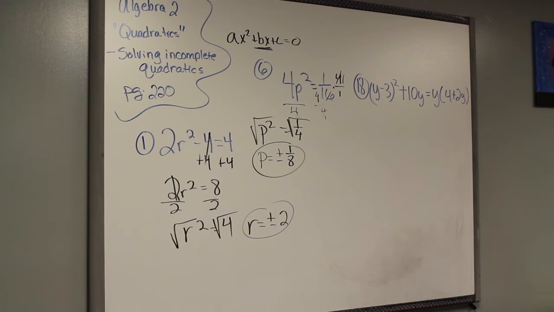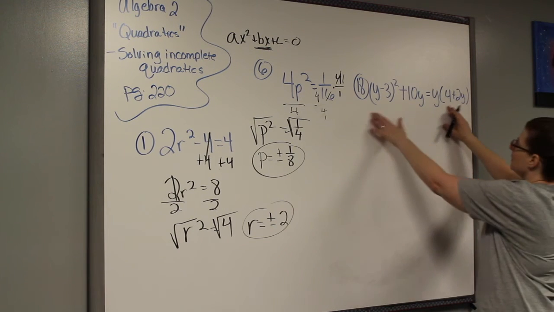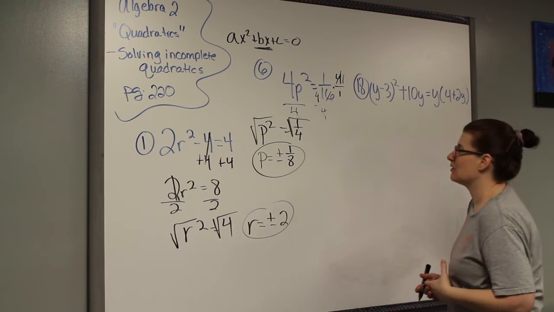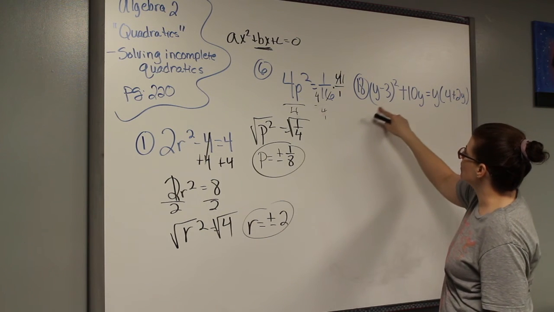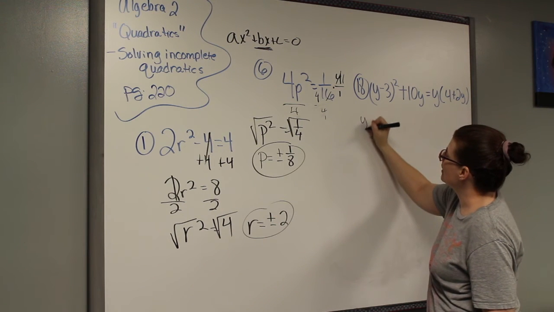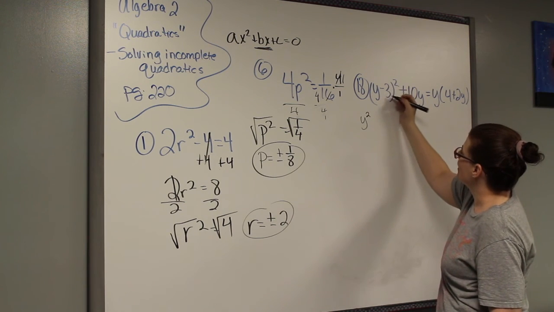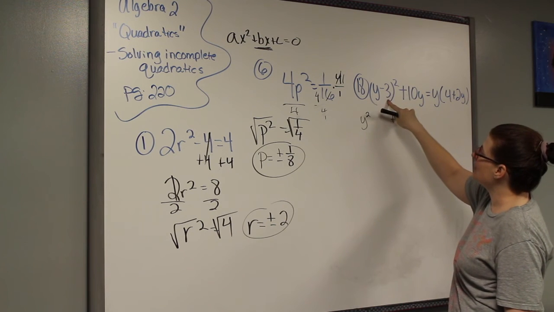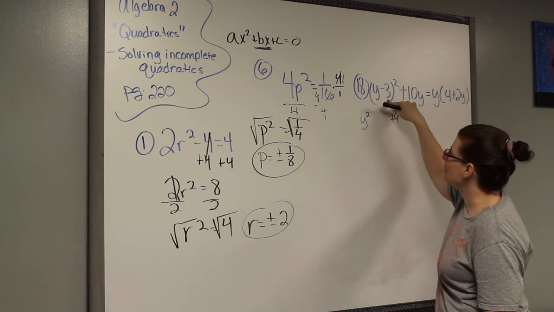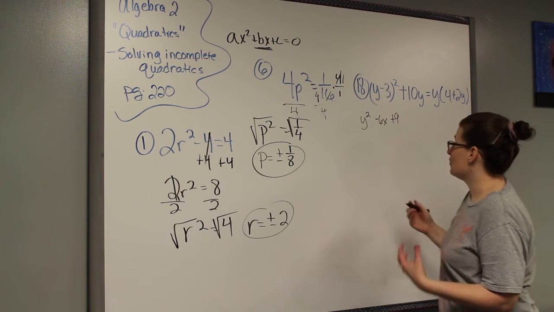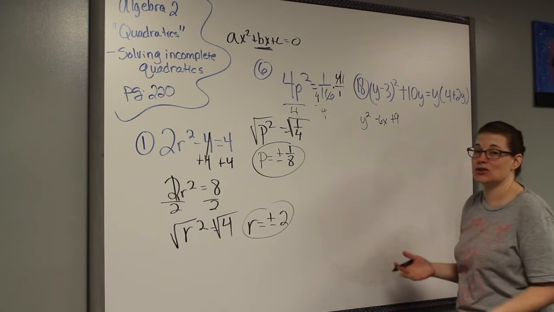Alright, on 18, this one has a couple different multiplications that we need to do first. They just throw in pretty much everything that you've already learned. So again, this is one of those perfect square trinomials, so I know it's going to be y squared. The last term will be 9 because 3 squared is that, and in the middle is going to be double this number, so negative 6y. If you can remember that. If not, just FOIL it out.